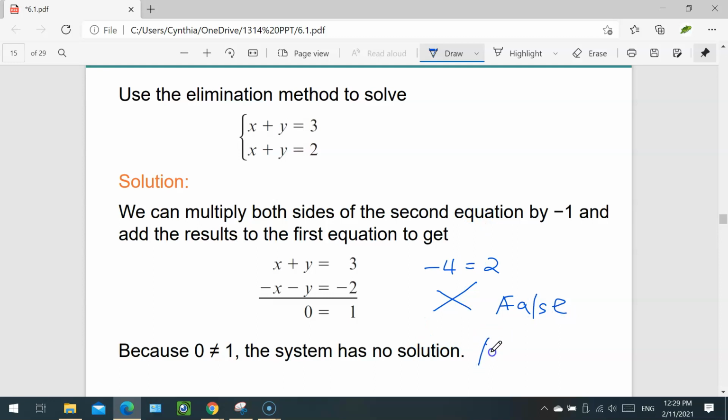In that case, you just write down no solution. Because there's no solution, there's no need to find the x or rewrite the y in terms of x. We call this type of equation inconsistent. There's no way you will find it.